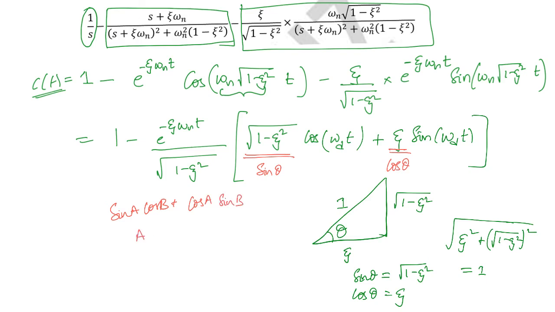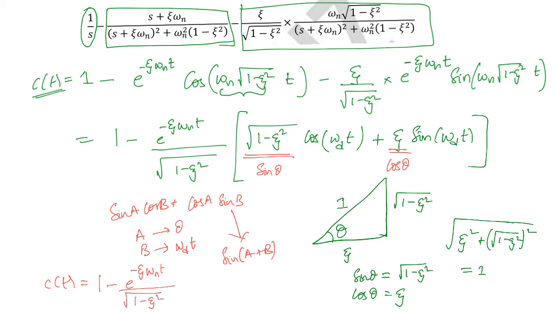What is A here? A is theta and B is omega d t. So this expression will be equal to sine of (A plus B). So now we can write c of t equal to 1 minus e to the power minus zeta omega n t by root over 1 minus zeta square into sine of (A plus B), which is sine of (omega d t plus theta).